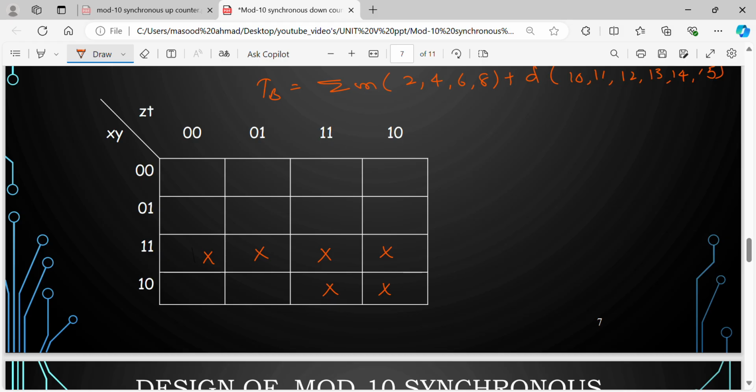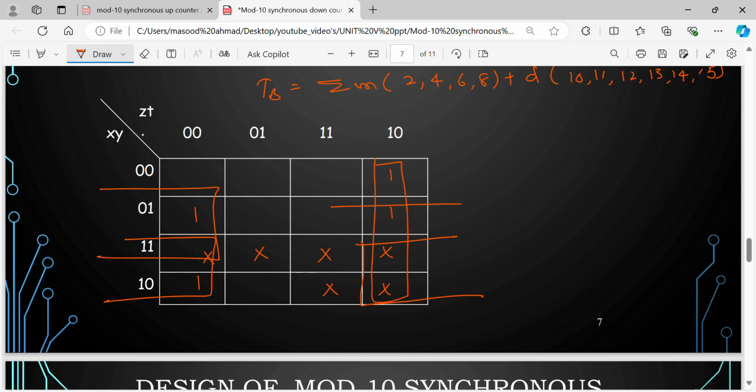Next it is 1 for 2, 1 for 4, 1 for 6, 1 for 8. So I can combine all of them like this. Then I can combine these 2 with these 2. Right?